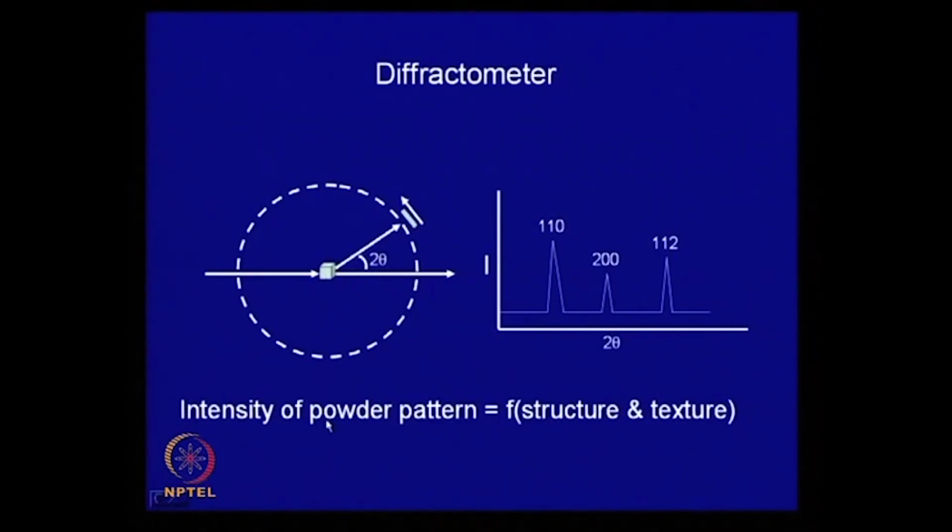So, in short, the intensity is a function of structure, microstructure and texture, how the different grains are oriented, apart from the crystal planes and the Bragg angle, that is 2 theta.